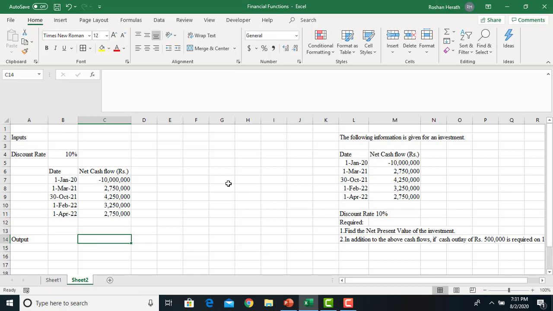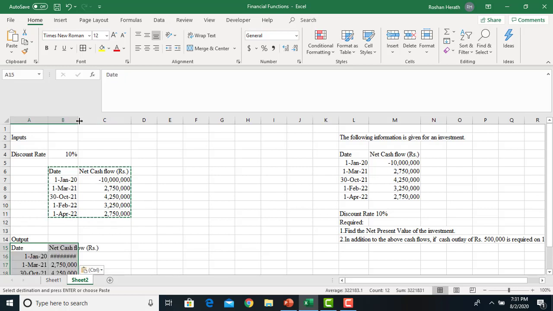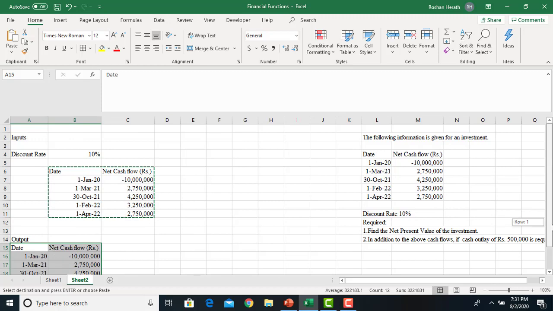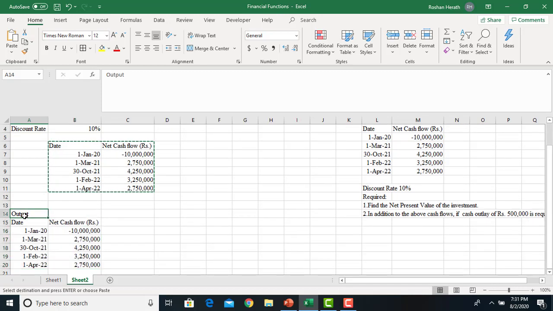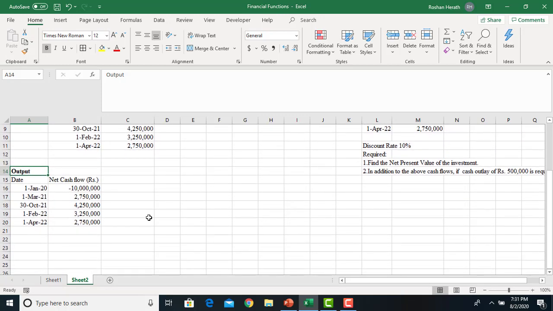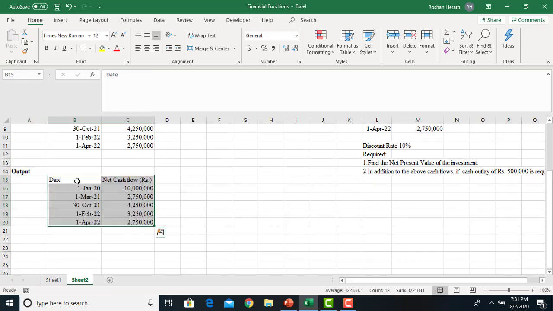So in this output area, again you can have this input and copy that to the output area, and get the NPV as required. So let's see that NPV.